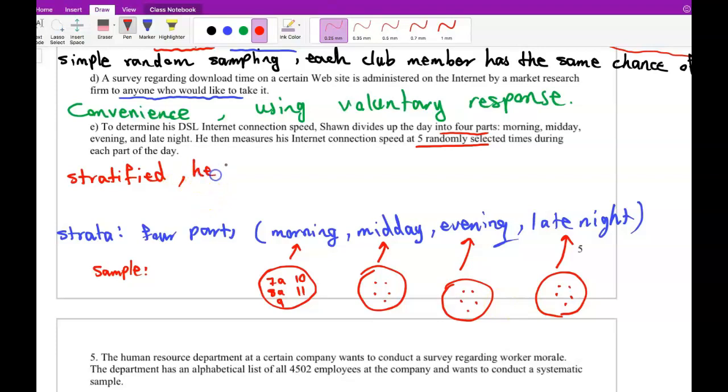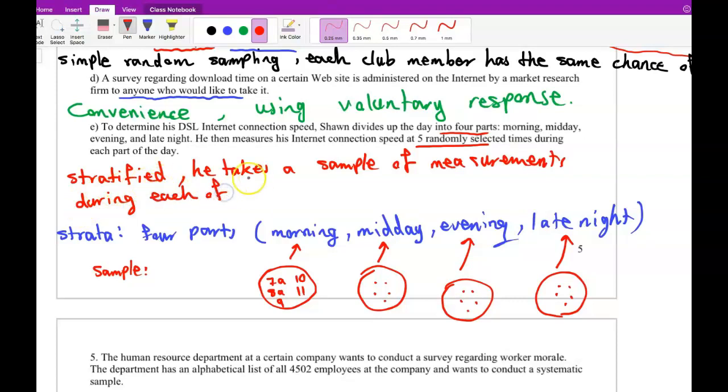So stratified, he takes the sample of measurements during each of the 4 time intervals.